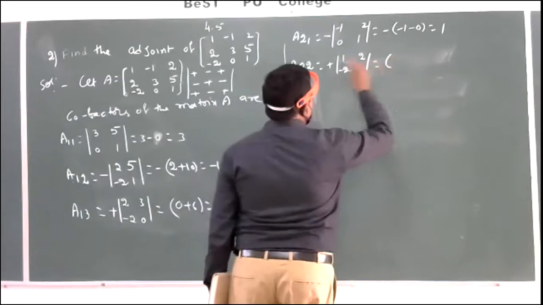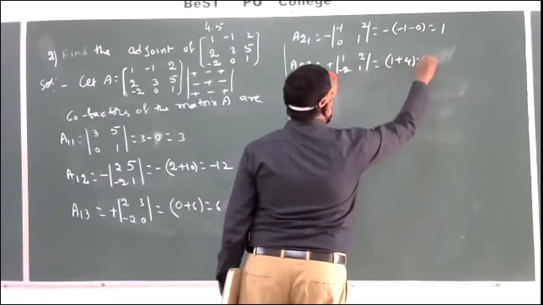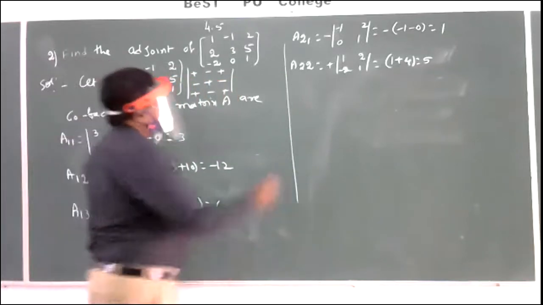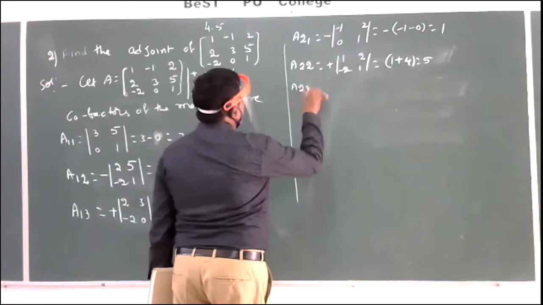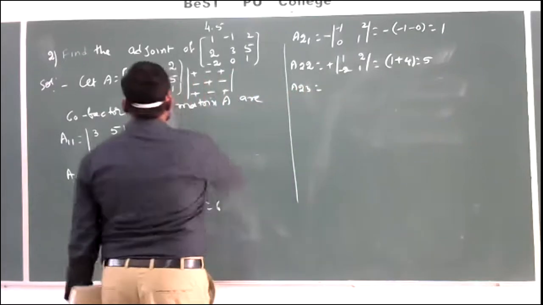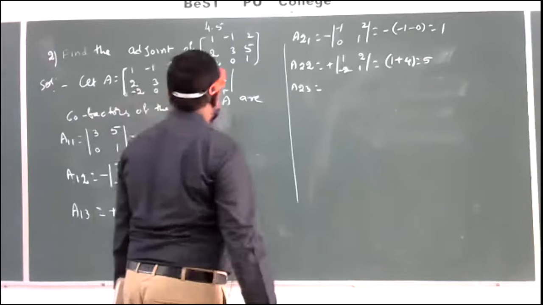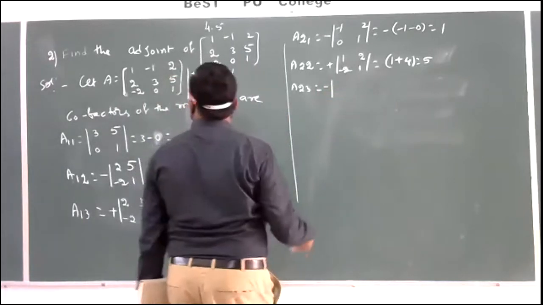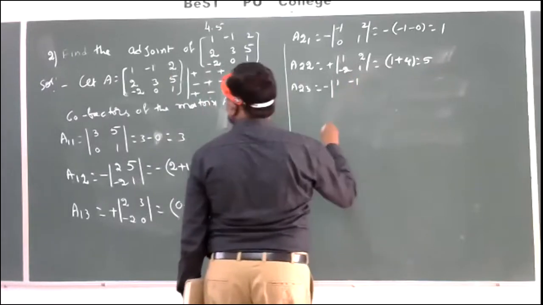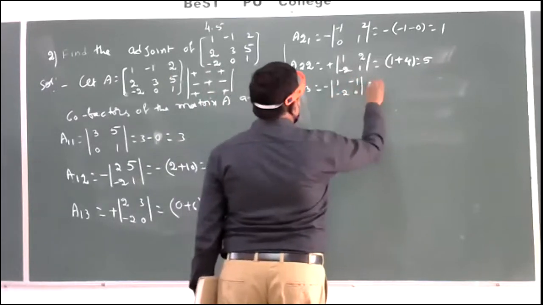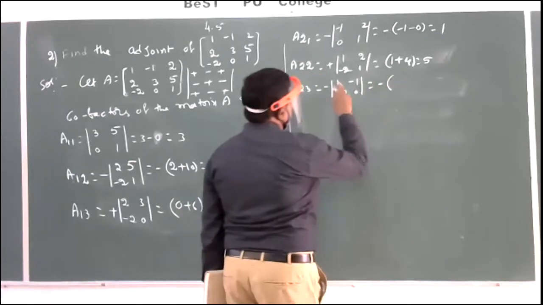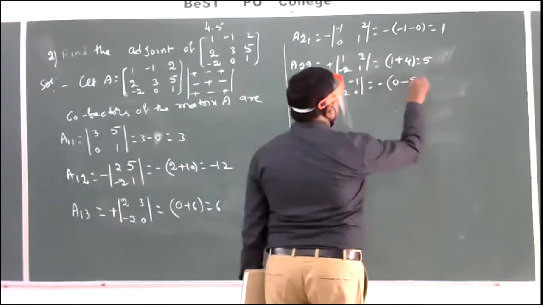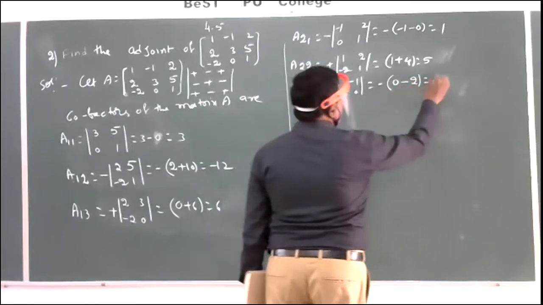This is equal to 1 plus 4, that is 5. Next A23, leaving the second row and third column, minus sign, the remaining elements are [1, minus 1; minus 2, 0]. This is equal to minus of 1 into 0, 0, minus of minus 2 into minus 1, 2, here 0 minus 2, minus into minus plus.